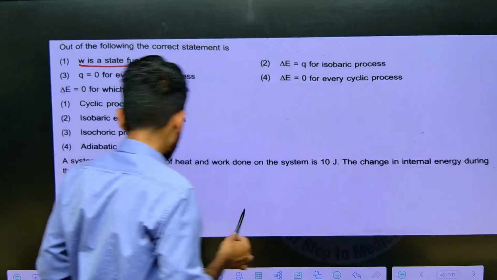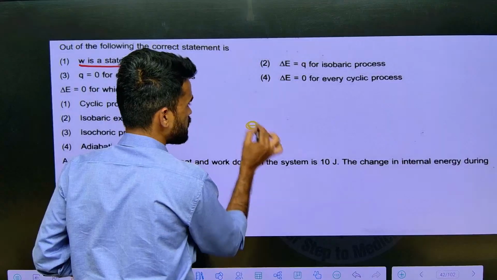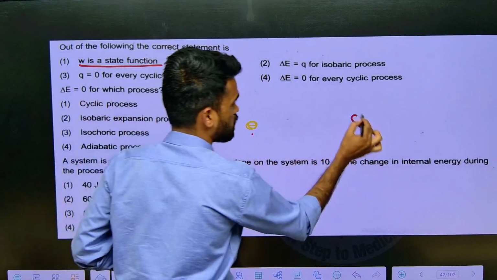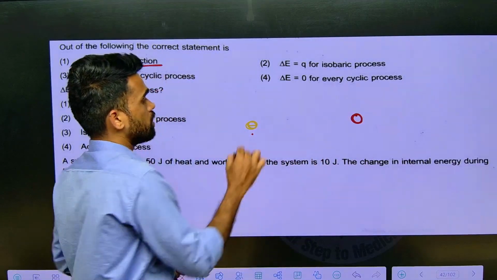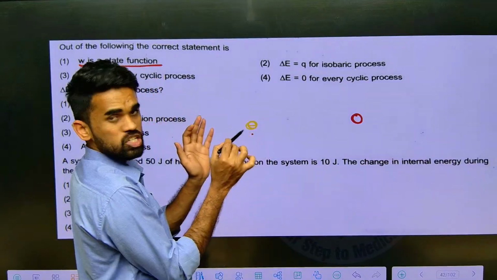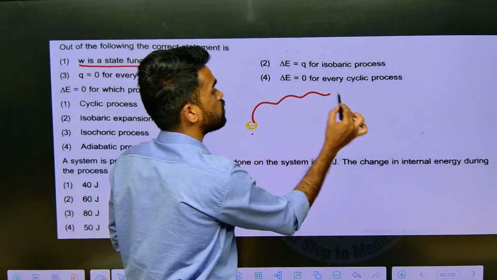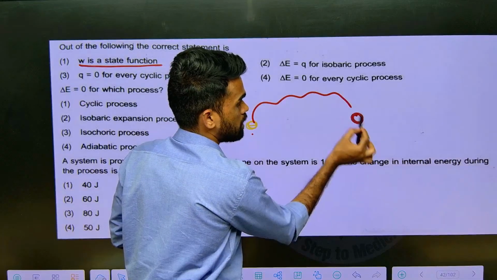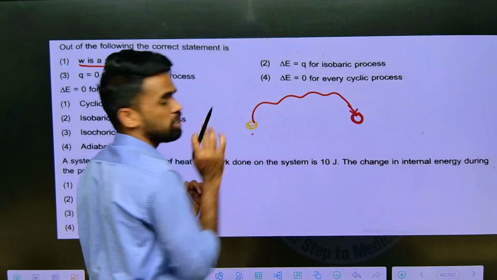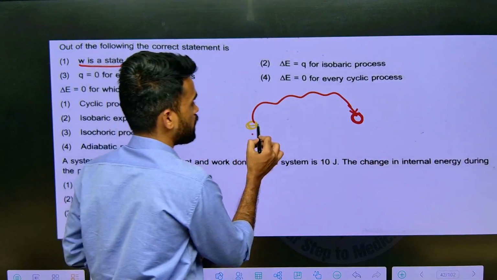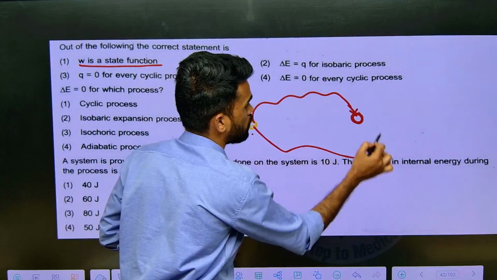For example, this is the initial point, this is the final point. So path functions depend on the path followed, how this final result is obtained from the initial. It depends on how you are following the path.